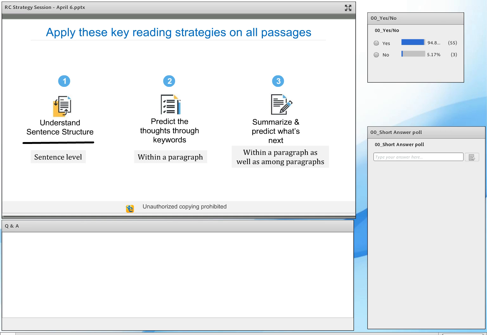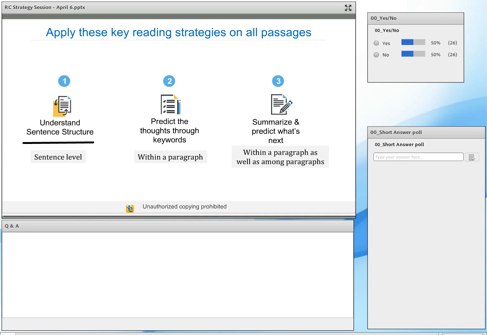And let me ask you that also. How many of you believe that it's not possible to do all of this within the timed constraints of the GMAT exam? About half, let's say 40% of the class.